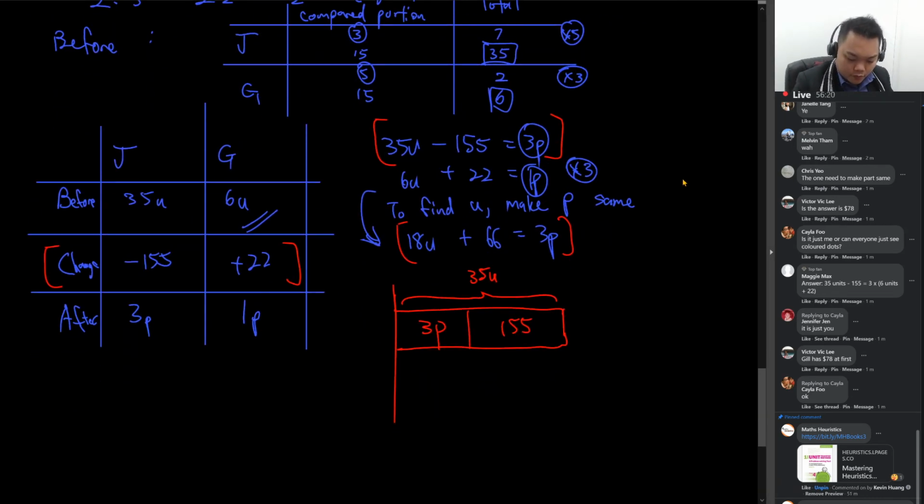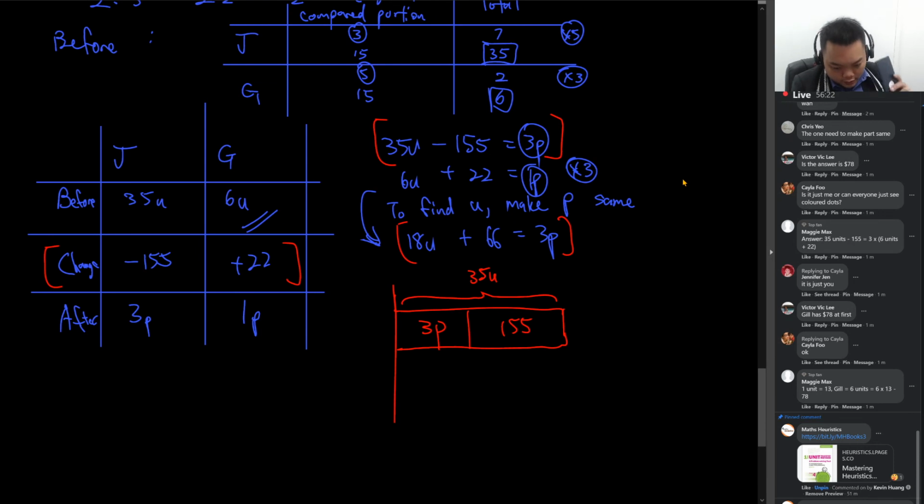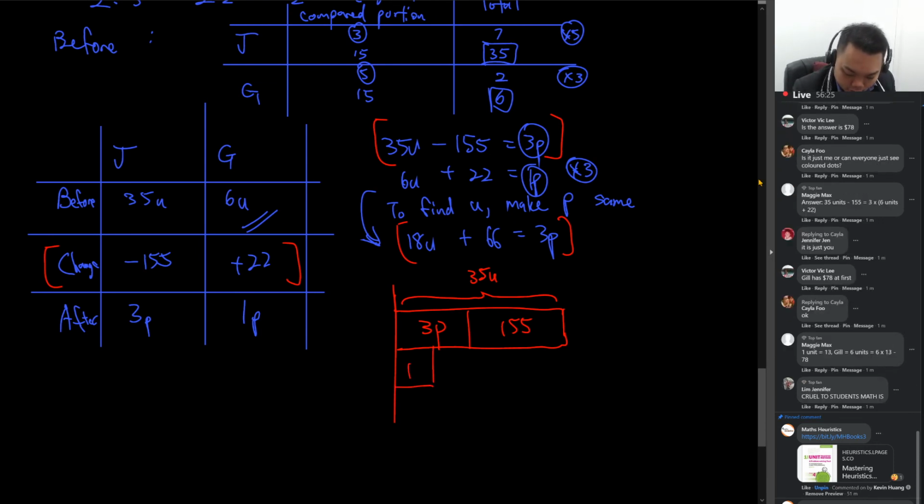Then for the next one, we have 18 units and 66 adding up to the same 3 parts over here.